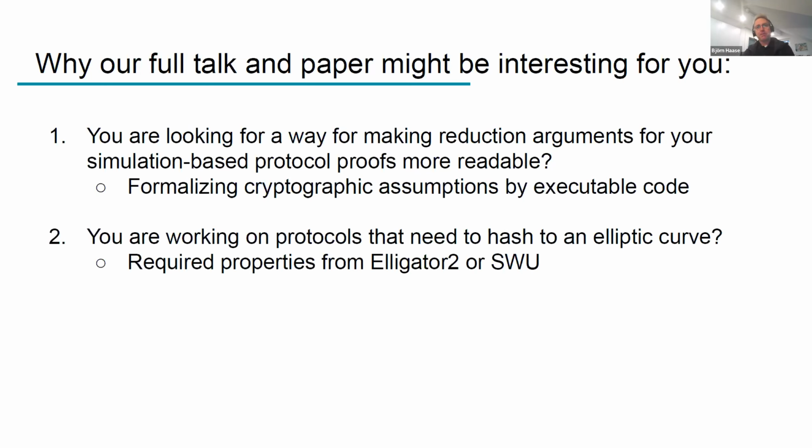Second reason might be that you're working on protocols that need to hash onto an elliptic curve. So most commonly, the hashing operation is considered as a random oracle, which directly hashes into the curve group. And we went one step further by deriving the exact requirements that we need to have from primitives such as Elligator2 or SWU in order to make the CPace protocol work securely.